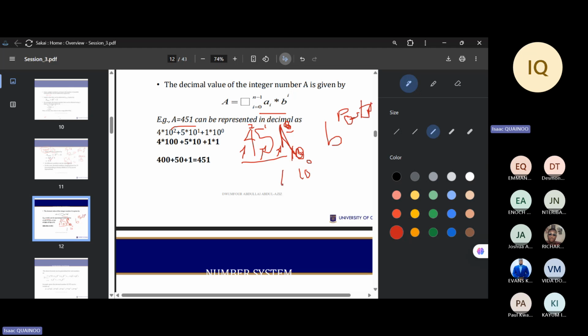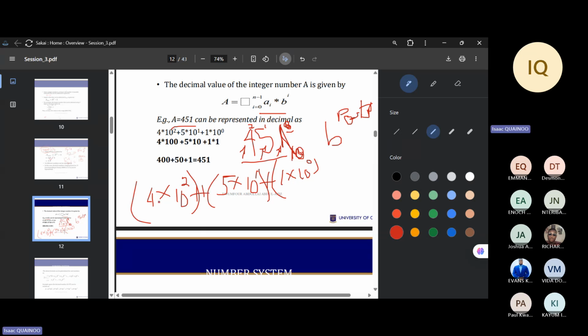So we take 1 times 10 raised to the power 0, and then we add the resulting value to repeat the same thing here, which is 5 times the base, which is 10, raised to the power the position, which is 1. To make this convenient, let's put this in a bracket. Plus, then we have 4 times the base, which is 10, raised to the power 2, which is the position right there.